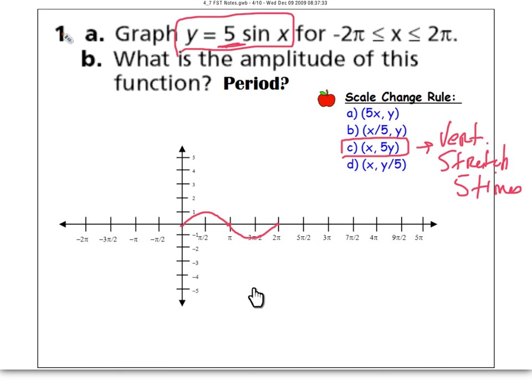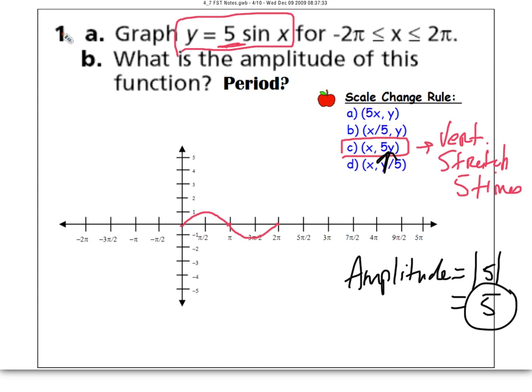So the new amplitude, the formula says, is just the absolute value of that vertical stretch, which is a 5. The absolute value of 5 is 5. So the amplitude, or the new humps, are now going to go from here at 1 all the way up to 5. So it's going to stretch up here, and then this one is going to stretch down here.